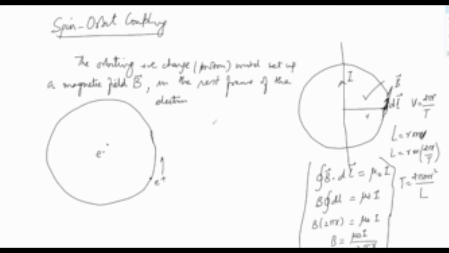this external magnetic field is going to apply a torque on the spinning electron.